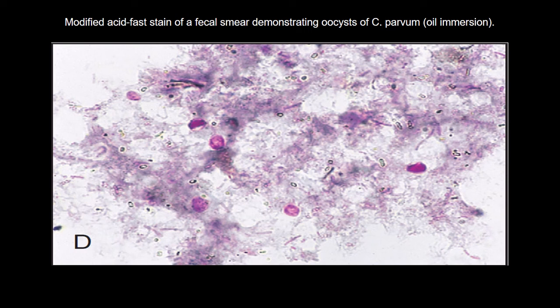So this slide shows you the cyst of the Cryptosporidium in a patient who has a watery type of diarrhea following a prolonged history of antibiotics usage. So remember that Cryptosporidium parvum. Here we use modified acid-fast staining to stain those cysts, and you can make the diagnosis of those.